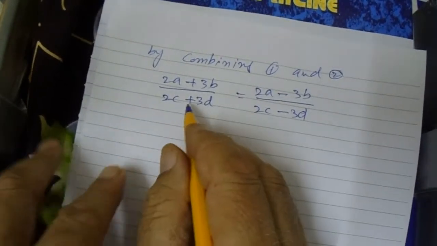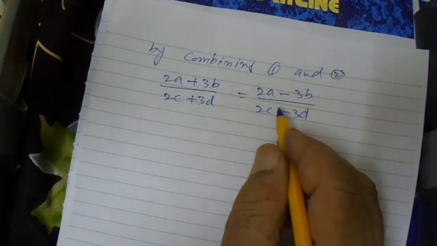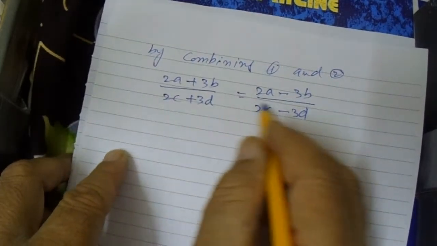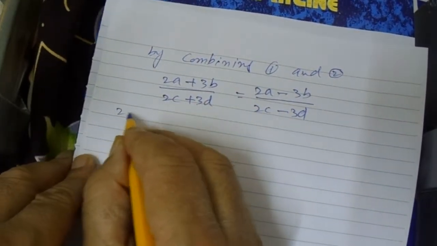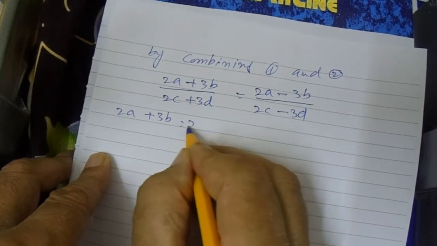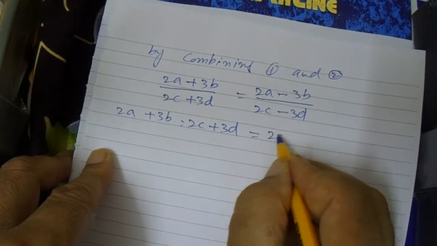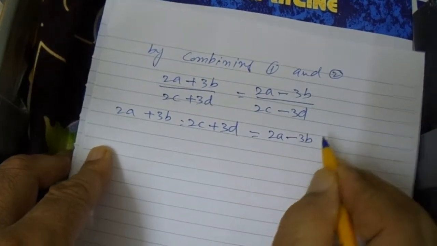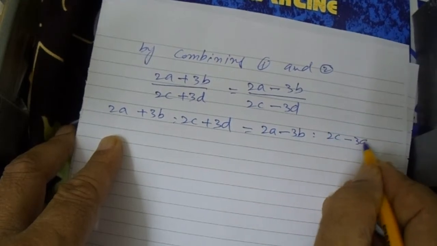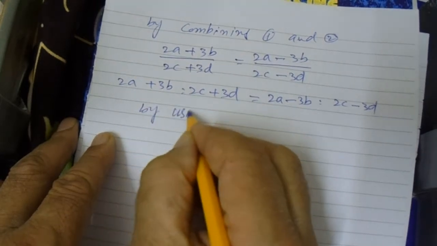Now this is our left hand side, this is our right hand side. We have this by using the componendo and dividendo theorem. Now we write in ratio form: 2A plus 3B ratio 2C plus 3D is equal to 2A minus 3B ratio 2C minus 3D.